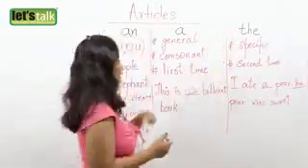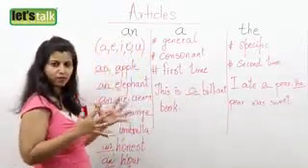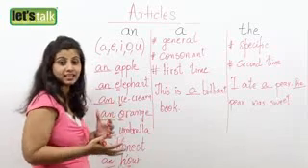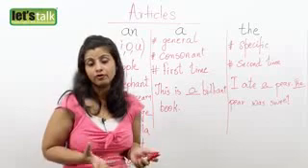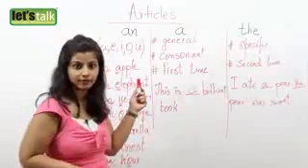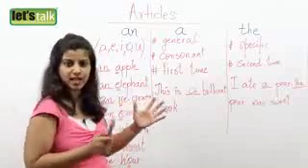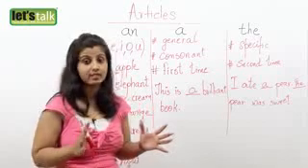So, what we have learned today is about articles, how we're going to use articles in our daily conversations to make our sentences more concrete, more constructive, maybe a little more meaningful, because you cannot just use and play with your articles and place them anywhere that you want. No, it doesn't work.